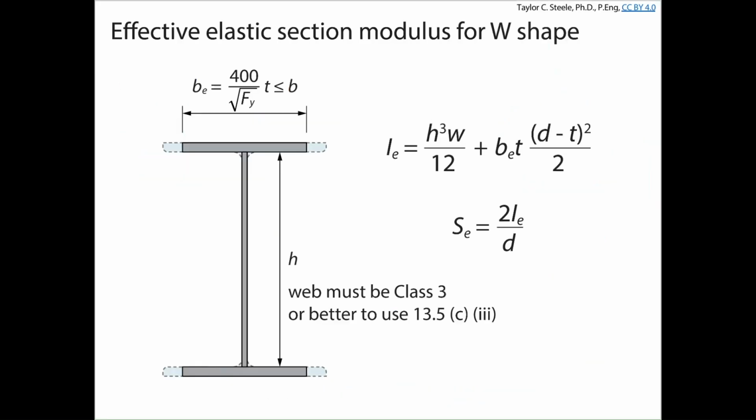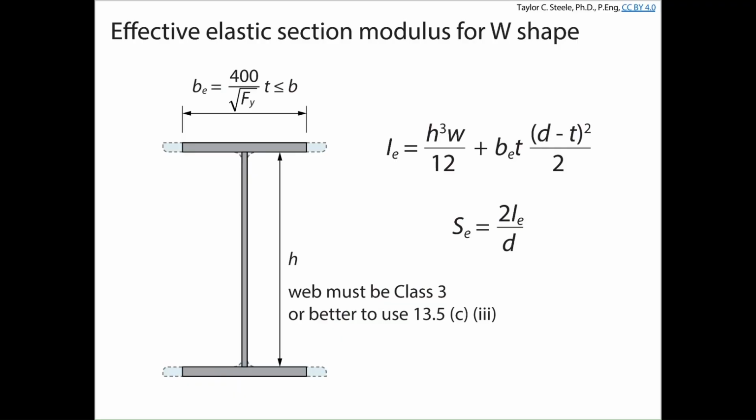Okay. So we have a situation that we're going to talk about in 3063. In 3063, we're only going to focus on situations where the web is at least class 3. In 5063, we talk about situations where the web is class 4, but the flanges are class 3. It's quite different in terms of the calculation of the moment resistance.